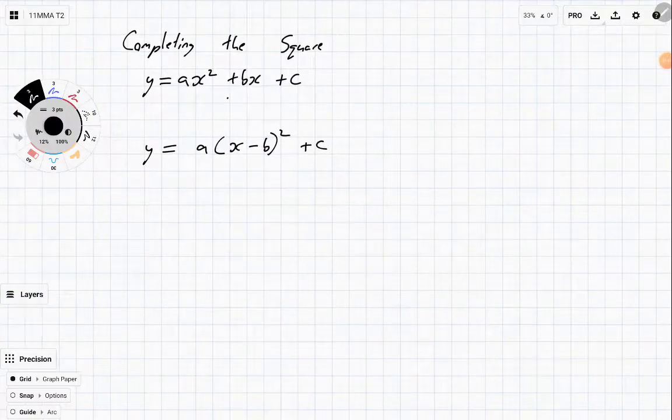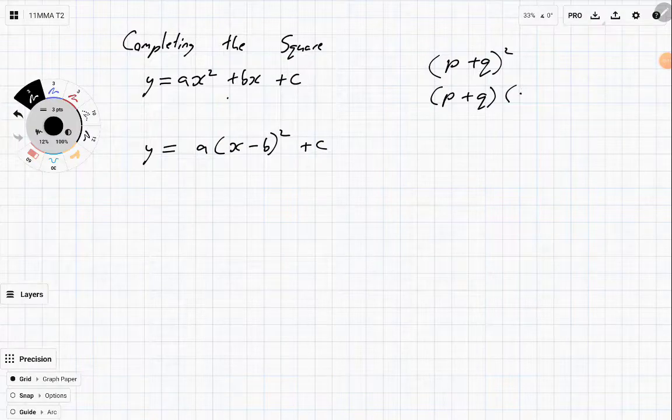Let's have a think about that shape in general. So if I have something like (p plus q) squared, what's that equal to? Well, (p plus q) squared is (p plus q)(p plus q): p times p is p squared, p times q is pq, q times p, and q times q.